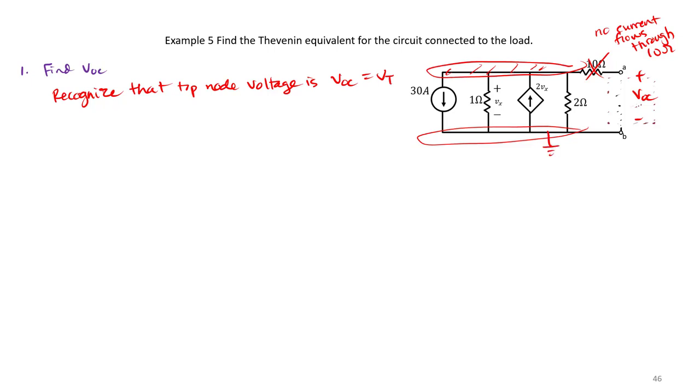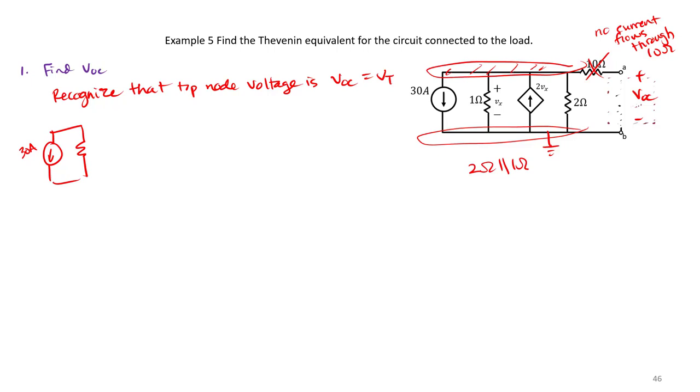There are several ways we could approach this question. Notice we could combine the 2 ohm and 1 ohm resistors. So we can go ahead and do that. In this case, notice a 2 ohm and 1 ohm are in parallel with each other. And so it's again 2 ohm parallel to 1 ohm.